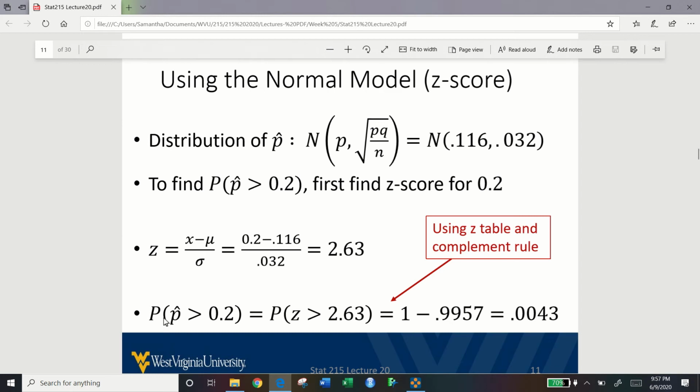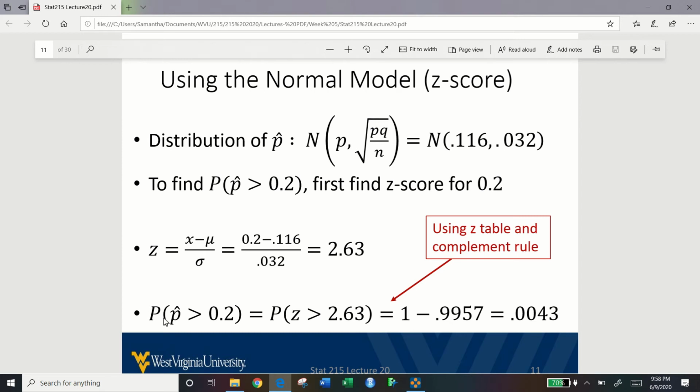This implies that the probability of p-hat greater than 0.2 is going to be equivalent to the probability of z greater than 2.63. If you recall, in the z-table, we can't find probabilities directly that are z greater than a value, but what we can do, for z greater than a value, we can use the complement rule and do 1 minus the probability of z less than or equal to that value.